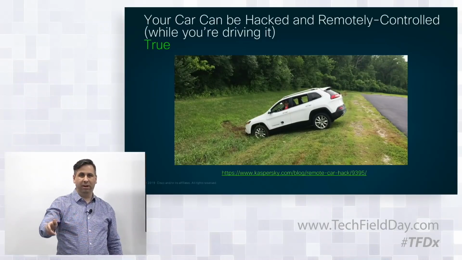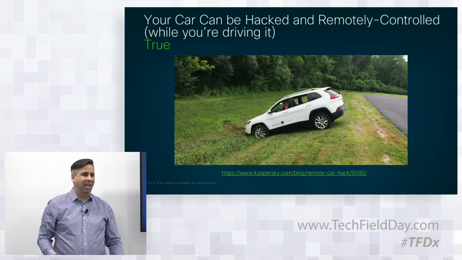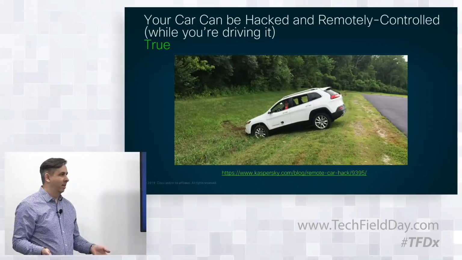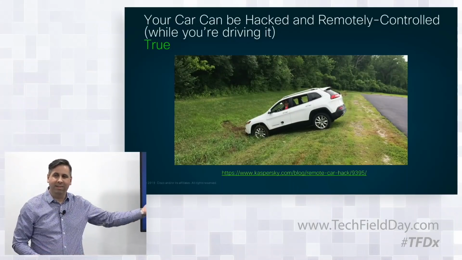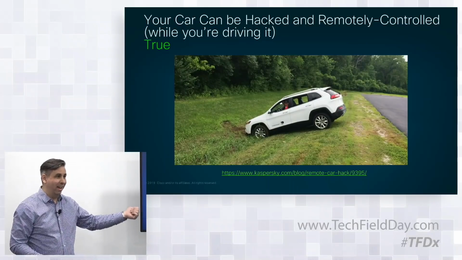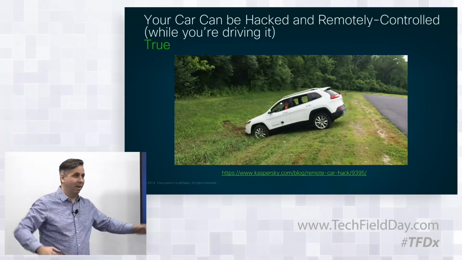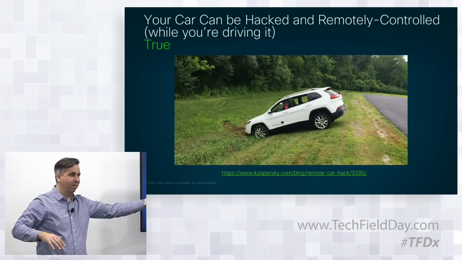And then suddenly the air conditioning turns on and off, the stereo turns on and off, the wipers go on and off. He's laughing, oh, that's kind of cute. But then they started controlling the brake and the accelerator, and he ends up in a ditch. That's scary stuff. And can you imagine when that's done en masse, a controlled botnet attack using actual cars?